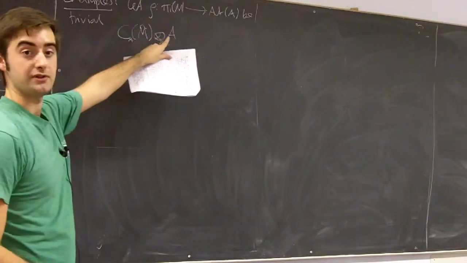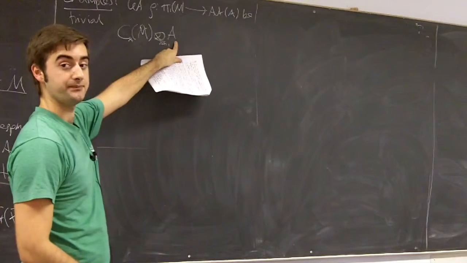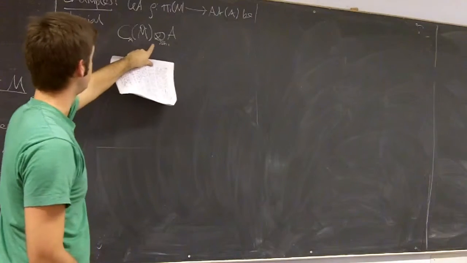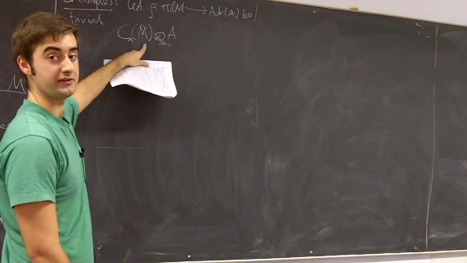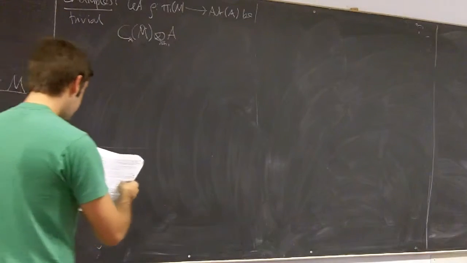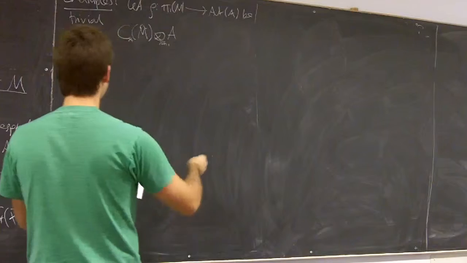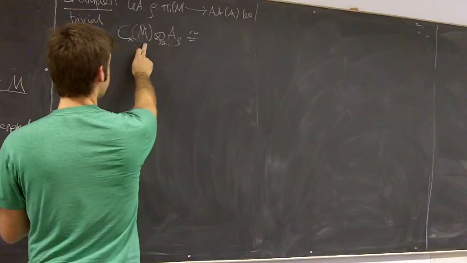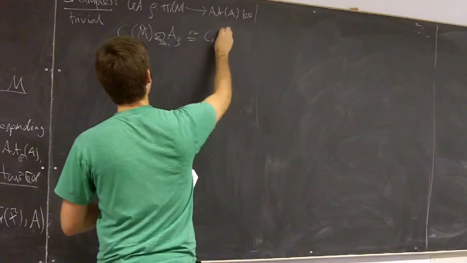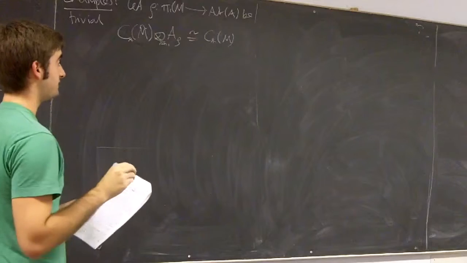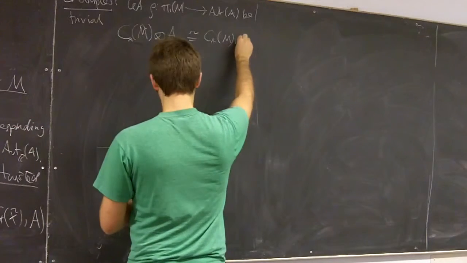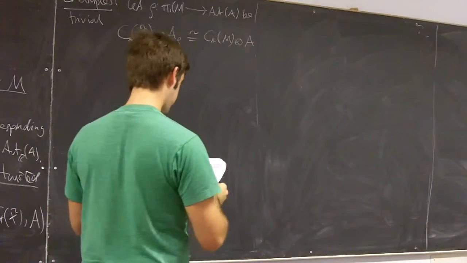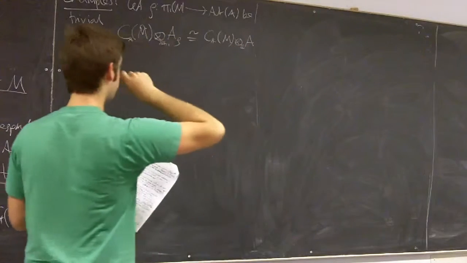The fact that we've taken rho to be trivial tells us that Z pi 1 acts trivially on A, and this means that we can transfer this action so that it should have trivial action on the left as well. So what this tells us is that if we quotient out by the action of the fundamental group, we just get the chains of the base space tensored with just A with no action of rho, and this is now just a tensor over Z.